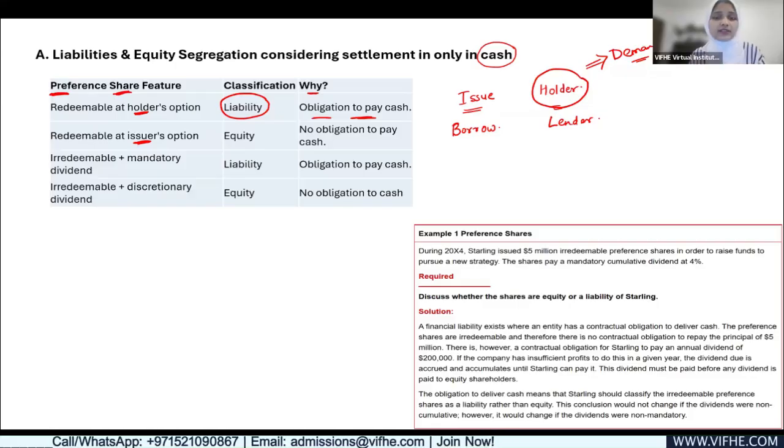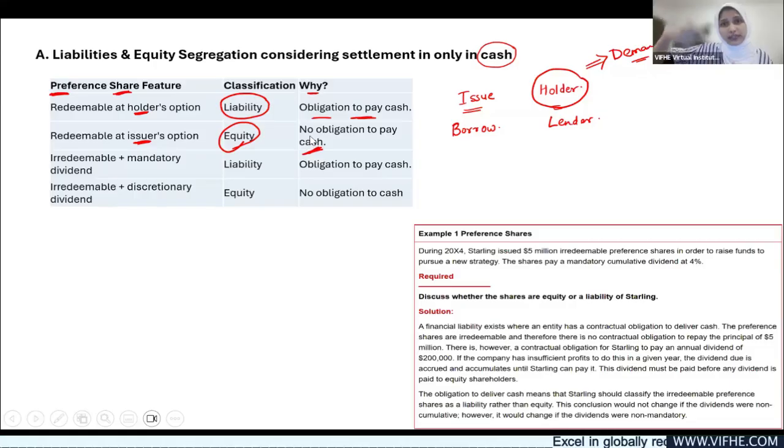Till then, he can probably keep paying interest. It is in his hands. If that is the case, then this is equity, because there is no obligation to pay cash. There is no other party who can say you have to pay me the money now. No party has that kind of right on you. You have the option of when you want to return it.